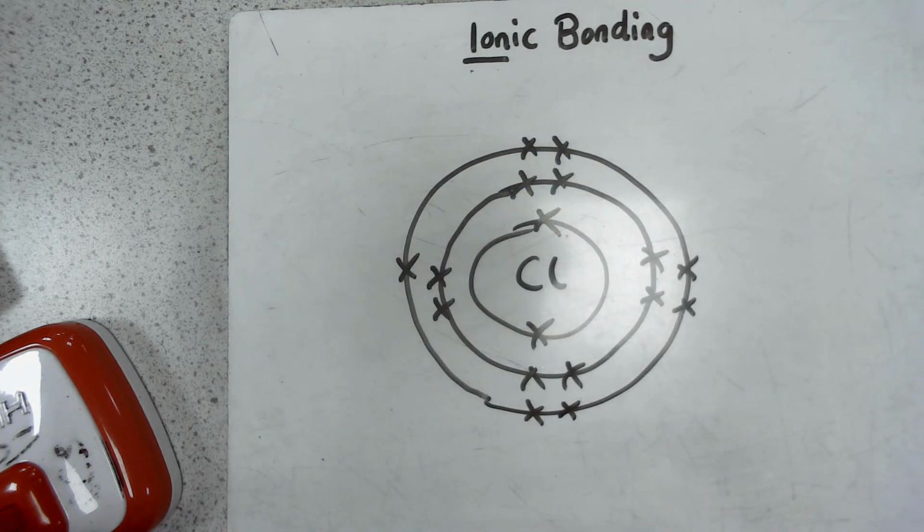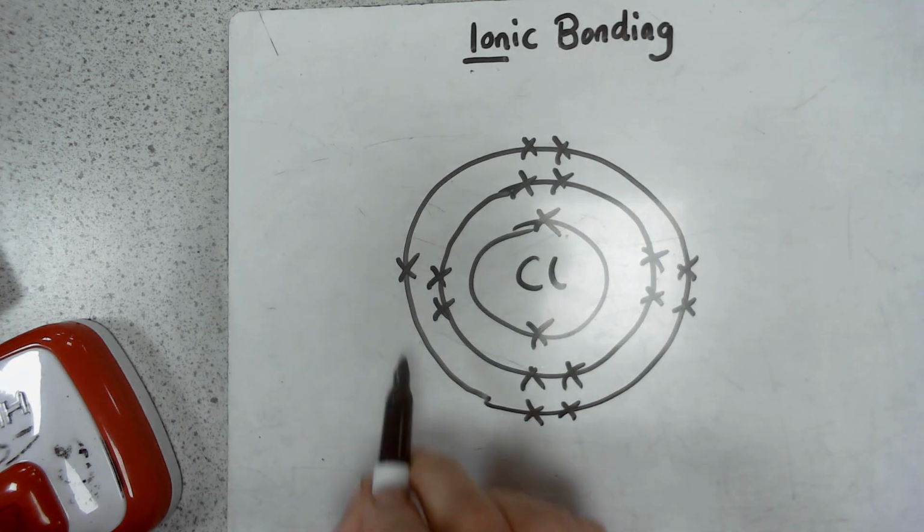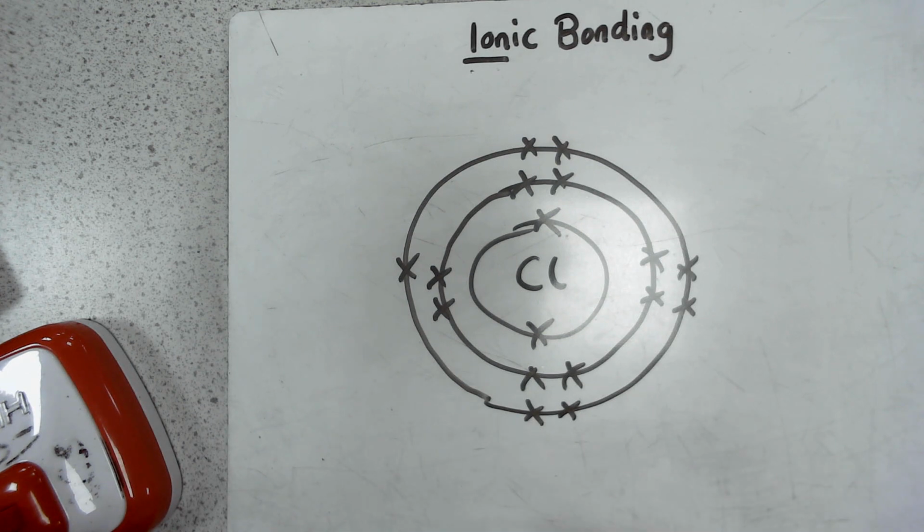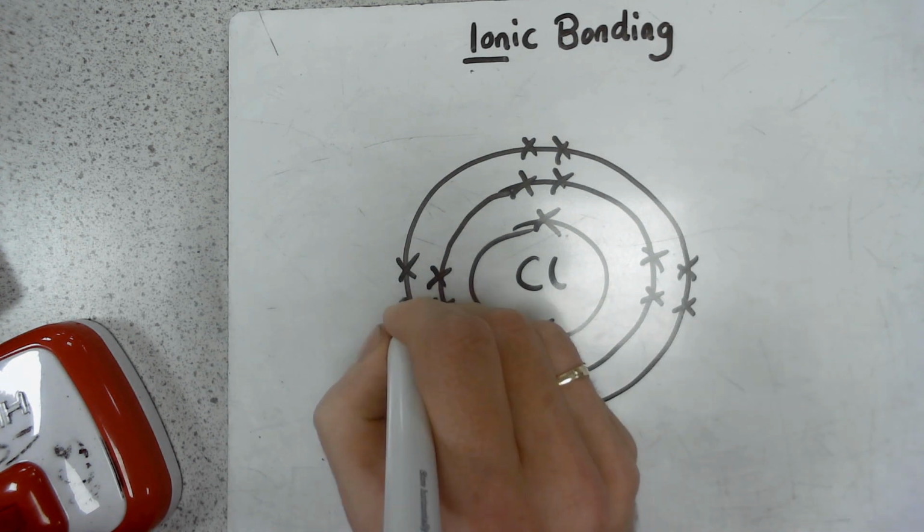There's an atom of chlorine. Okay, it's got 17 total electrons. At the moment, it's stable, it's neutrally charged, but it wants a full outer shell. So, is it going to be easier for chlorine to lose its 7 outer electrons, or for it to gain 1? Yeah, it's going to be easy for it to gain 1.